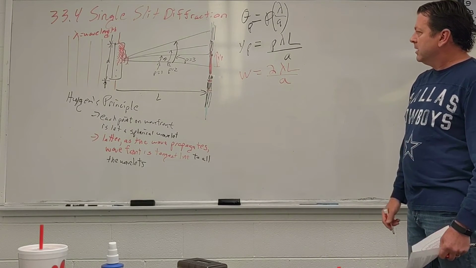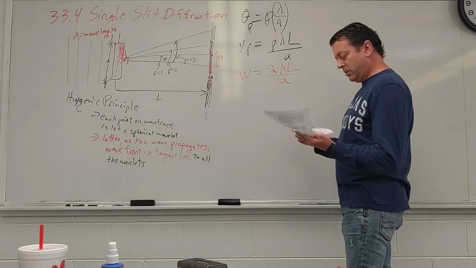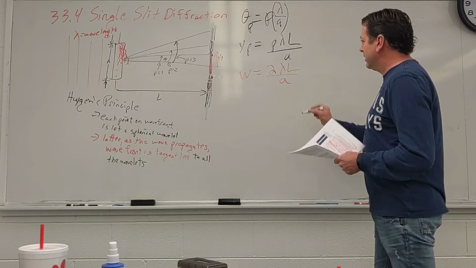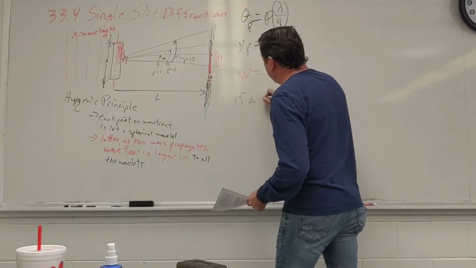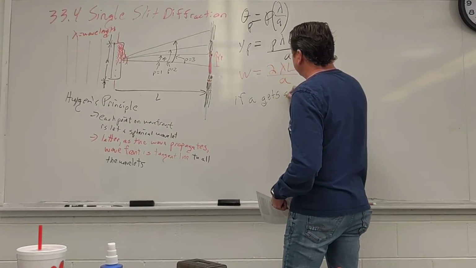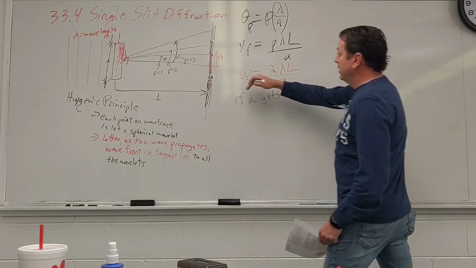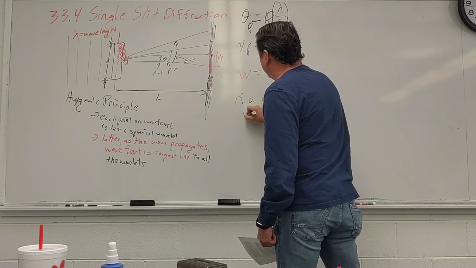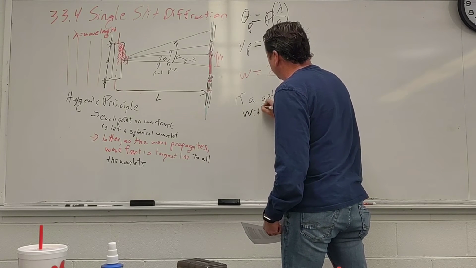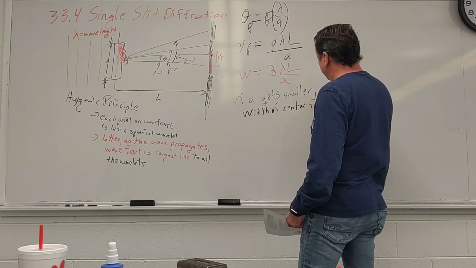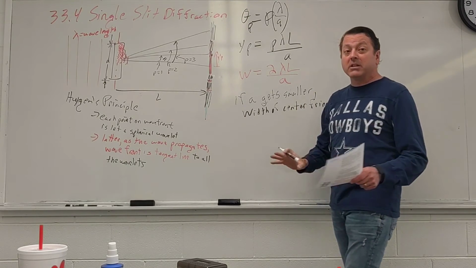Now, let's think about this. Notice what we see in this equation. This is why we went to it. If a gets smaller, this gets really, really small, and the width of that fringe gets really, really big. So W, the width of the center fringe, they call these things fringes.